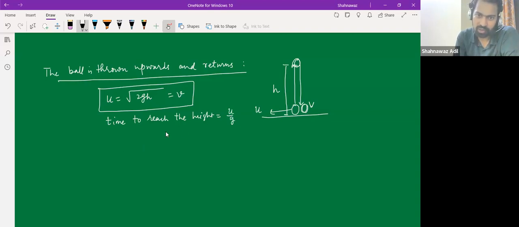So let's say this is t height, u by g. And similarly, t fallback would be similar. This would also be u by g, because we calculated this to be v, and v equals u, so this is also u by g.